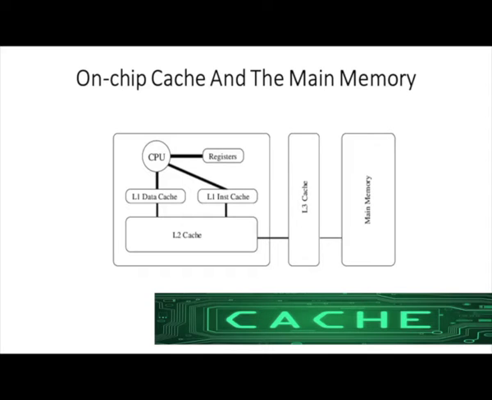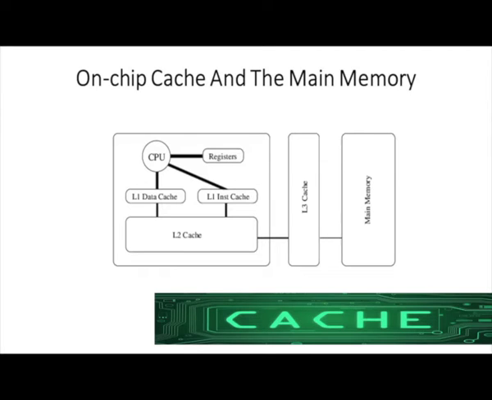In modern processors, the single level cache is now replaced with a multi-level cache. So, we have a CPU and the main memory, and in between we have a multi-level cache with level 1, level 2 and level 3 cache.